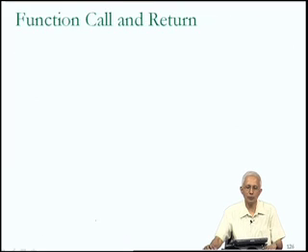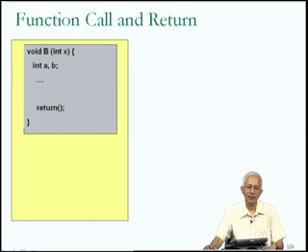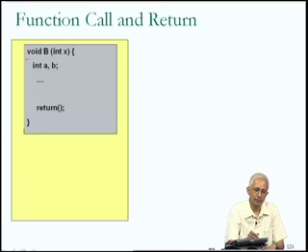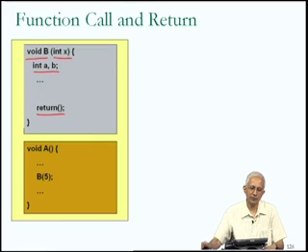Now, let us go back to our example of the function call. There was some program, and a function which is being called, function b, void b, which takes one parameter, has 2 local variables a and b, and this is the point of return. And then there is the function a which calls the function b with a parameter value of 5.